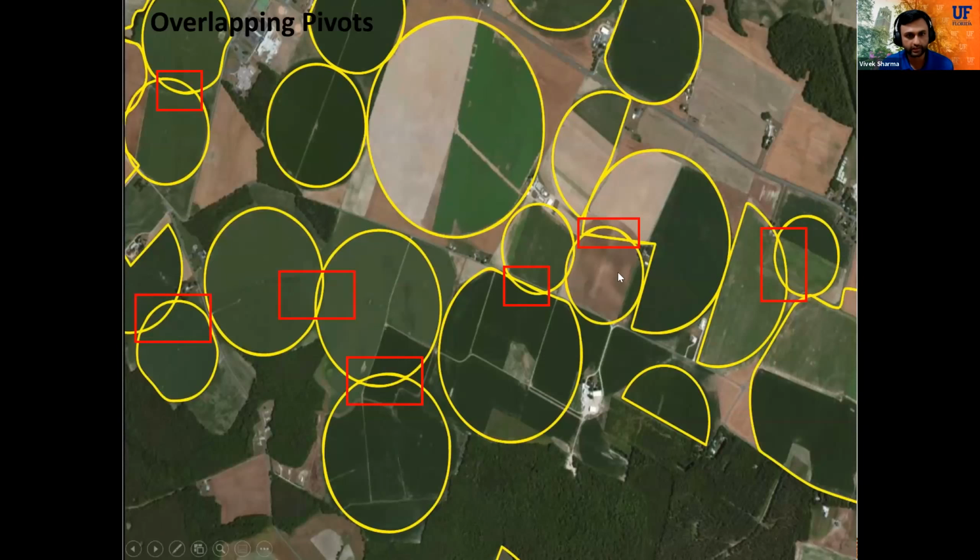This is an aerial screenshot of an area with the yellow circles representing the irrigated area using the pivots. And you can see all the red boxes are the overlapping areas, and in general, we don't want to irrigate those overlapping areas multiple times. So the variable rate irrigation system also allows you to switch off the irrigation when those overlapping areas come.